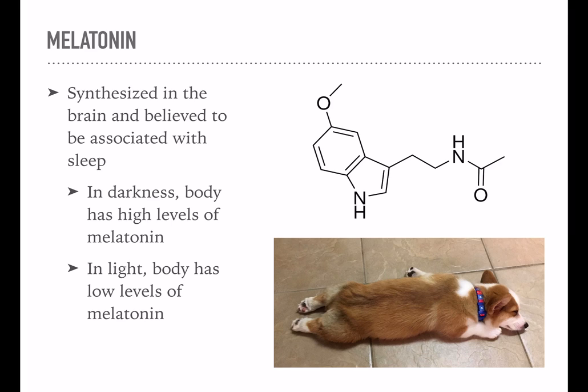We have found that when it is physically dark, our body produces higher levels of melatonin, and when it is physically light outside, our body has lower levels of melatonin. So it is pretty logical to assume that there's a connection between the amount of melatonin in our brain and our sleepiness. But there are still quite a few studies left to do before we can determine for sure how melatonin is tied to our sleep cycle.